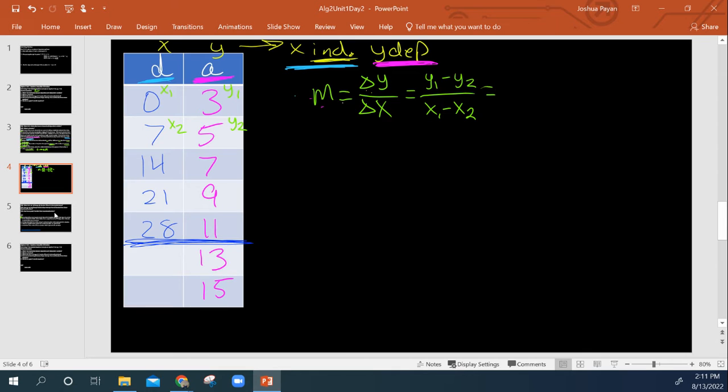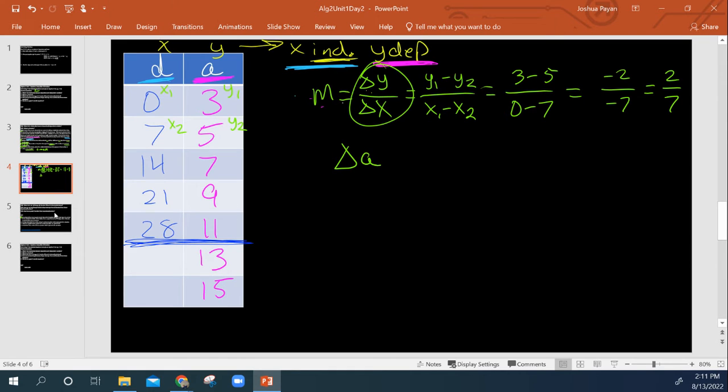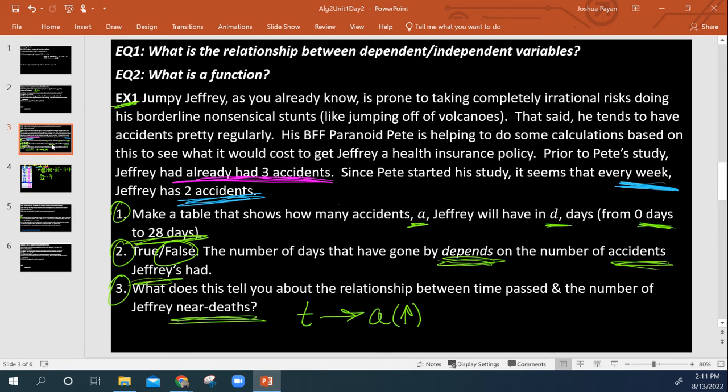We simply have 3 minus 5 over 0 minus 7, and this gives us negative 2 over negative 7, or just positive 2 over 7. Referring back to this, we would say delta accidents with respect to the number of days that have gone by, and we arrive at 2 accidents for every 7 days, or 2 accidents per week. And that brings us to the other way that we could have approached this.